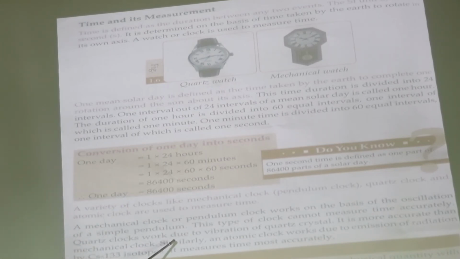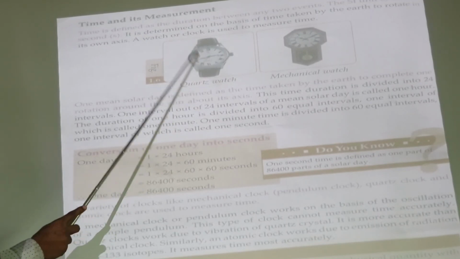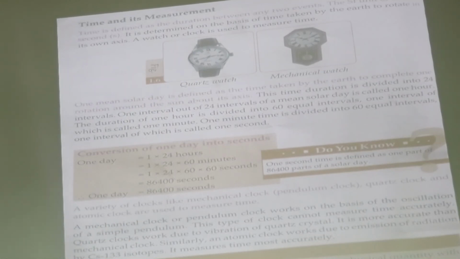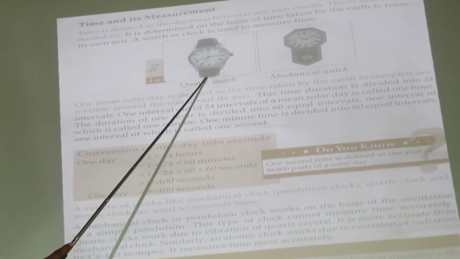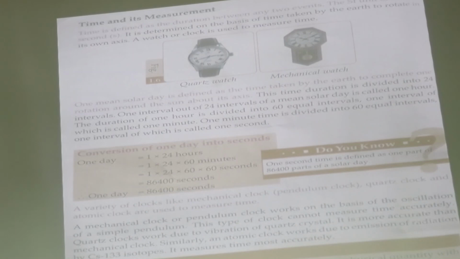A quartz clock works due to the vibration of a quartz crystal. This quartz clock is more accurate than the mechanical clock.